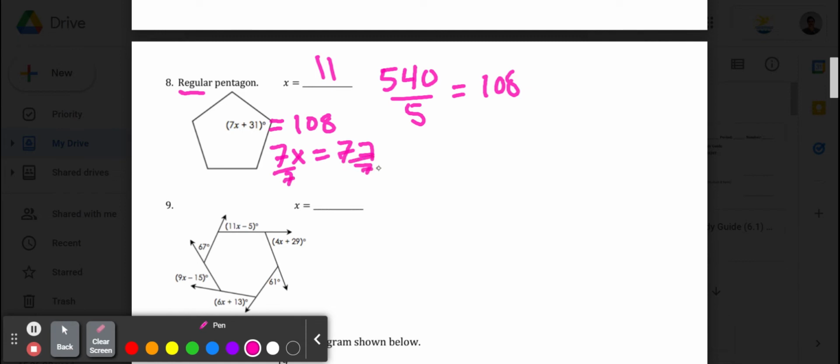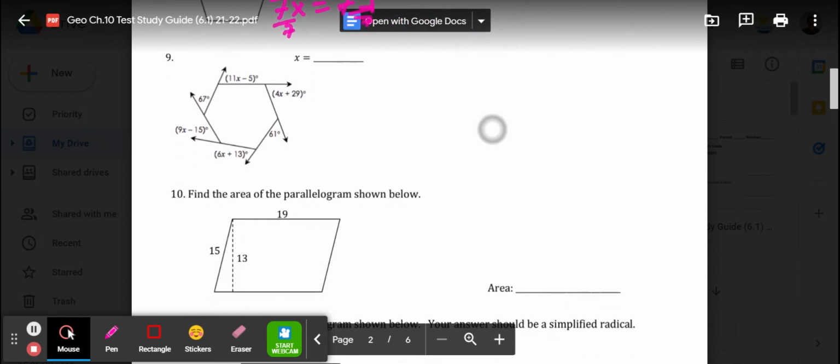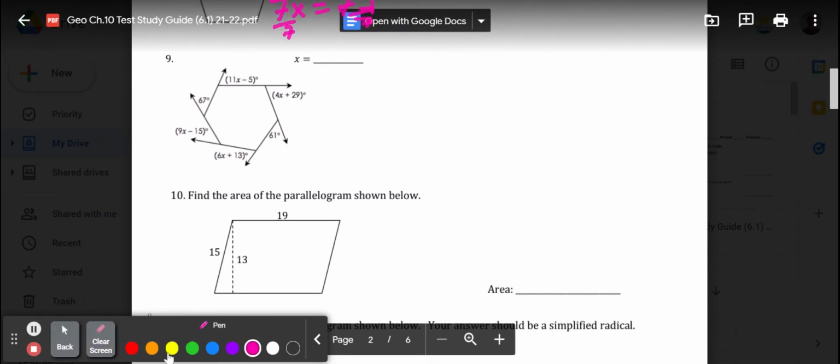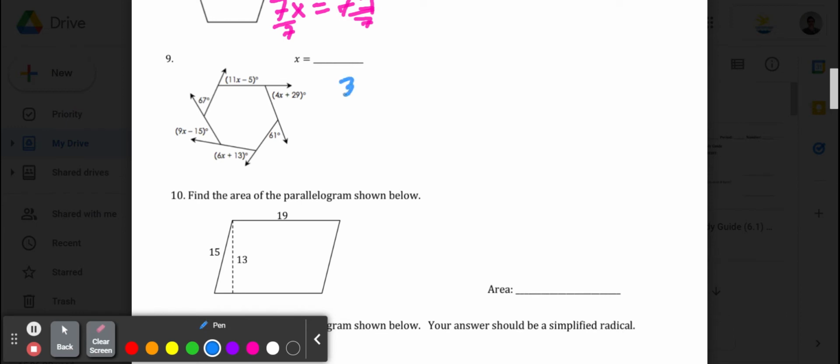Cool. And this one we're just going to sum up and add to 360, since we know 360 is the sum of exterior angles. So 11x plus 4x plus 6x plus 9x. So we get 30x, and then we're going to do 67 minus 5 plus 29 plus 61 plus 13 minus 15 plus 67.